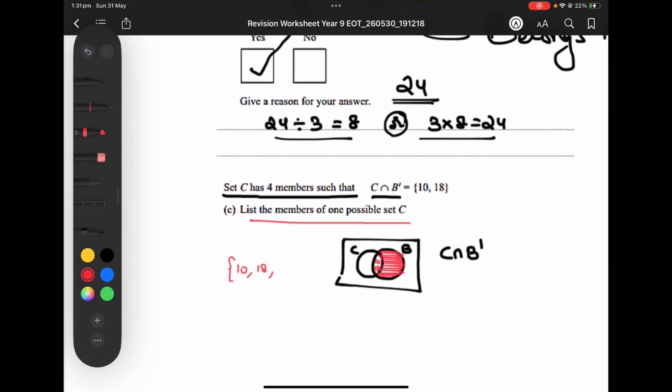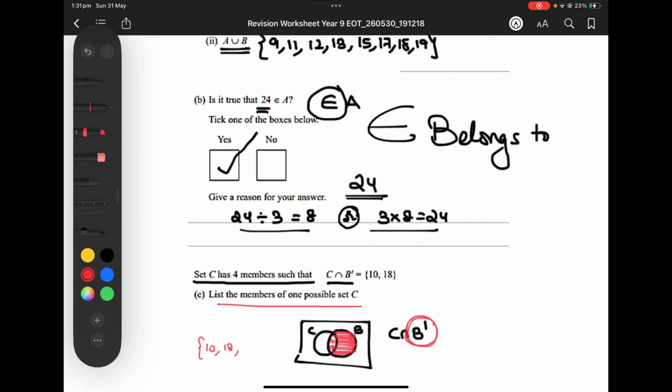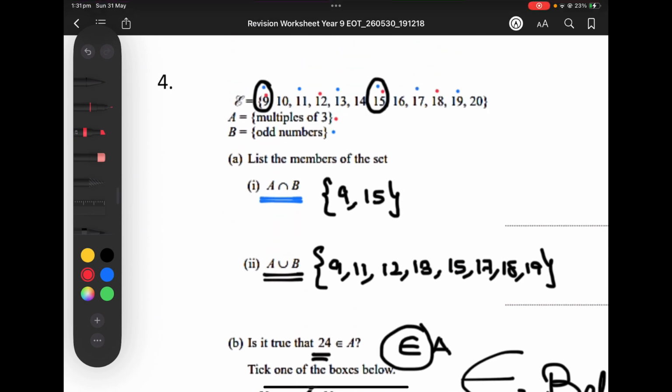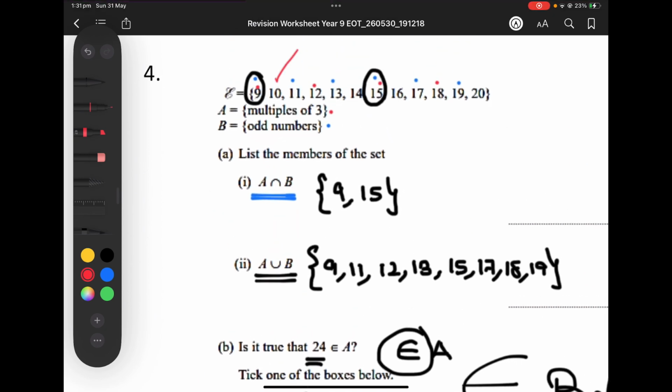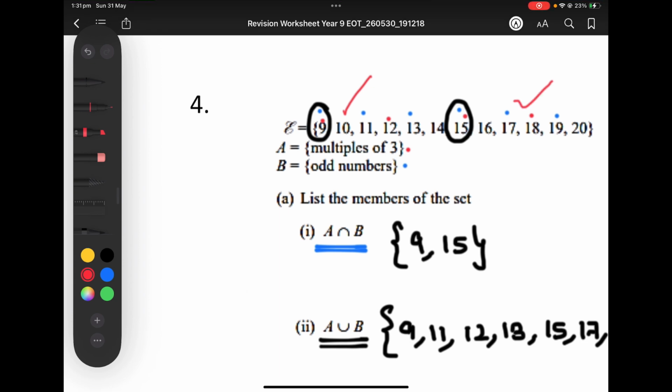C has 4 members such that the others are not there in B, because it is saying we are not supposed to take B. So what am I going to do? Take the terms that are not in B. 10 is there and 18 is there here, right? So any which are not there in B, it can be 12 and 14.